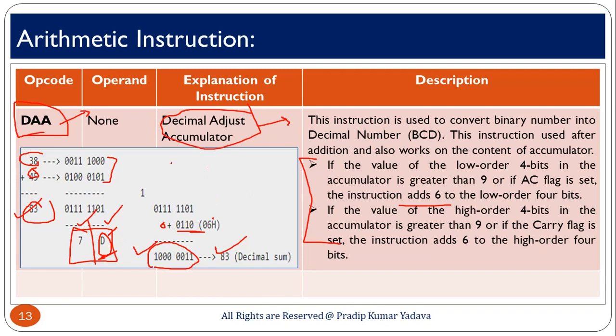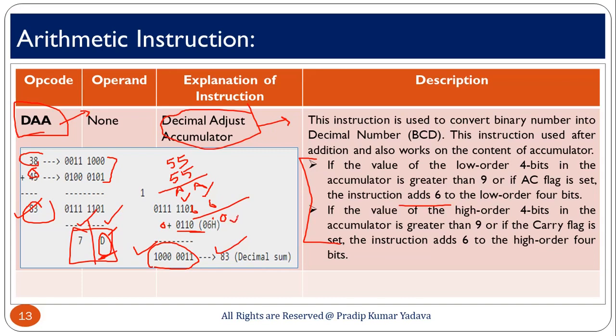Now, you can take a second simple example, 55 and 55. When you add this, what will we get in hexadecimal? AA. Okay. Now, this is greater than 9, and this is also greater than 9, so add 6 here and add 6 here. Now, what do we get? A means 10, 6 means 16, and in hexadecimal 16 is written as 10.